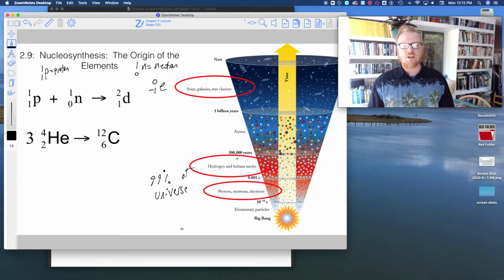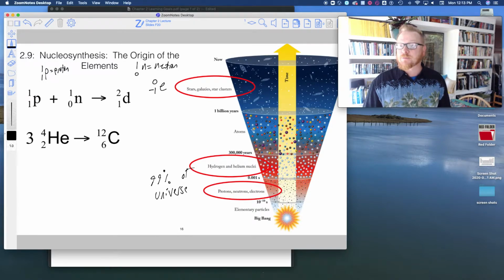Because once all this hydrogen and helium was created, all this material is getting flung out. And there was really not enough pressure, gravity, energy, whatever you want to call it, to keep fusing these hydrogen and heliums together.